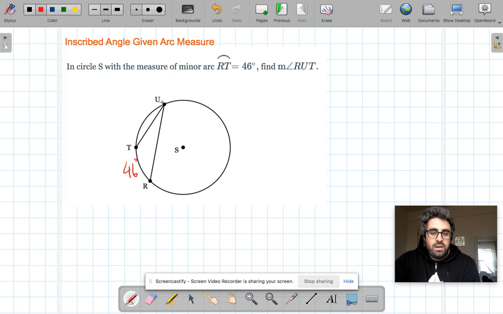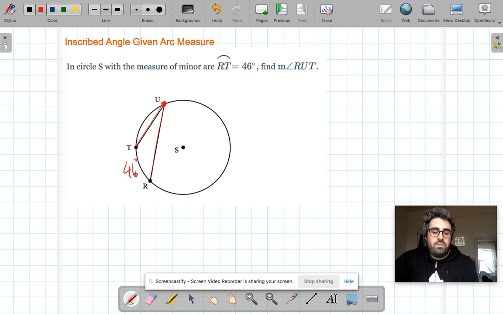You can clearly see it's an inscribed angle because the vertex is on the outer edge of the circle. A central angle would be something like this, where it connected at the center. So it is an inscribed angle, and we're going to use the inscribed angle theorem.